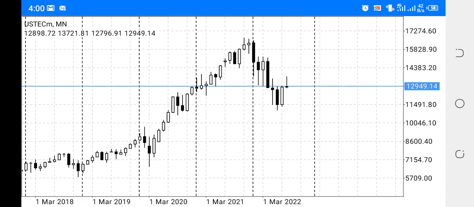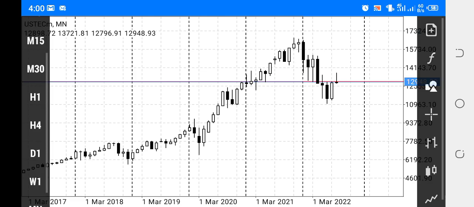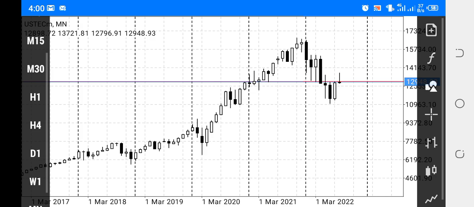And of course, major levels are from higher time frames, and minor levels are from lower time frames. You get it? But to get these levels, first of all, you go to what we call line charts, not candlesticks.